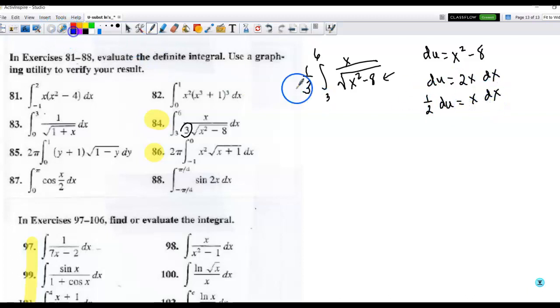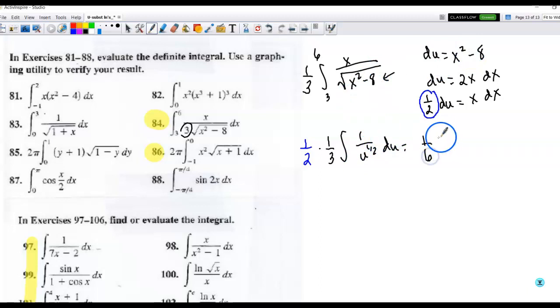So now this 1/2 is going to go as a coefficient with the 1/3 that's already out there. I have 1/2, I'm going to do that in blue so you know where it's coming from, times the 1/3 that's already there. New integral is going to be 1 over u to the 1/2 power du, which is 1/6 of the integral of u to the negative 1/2 power du.